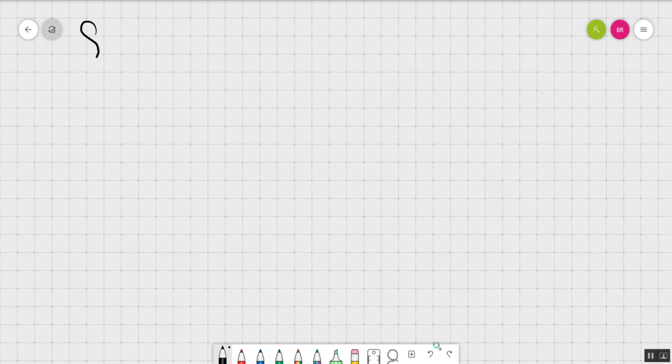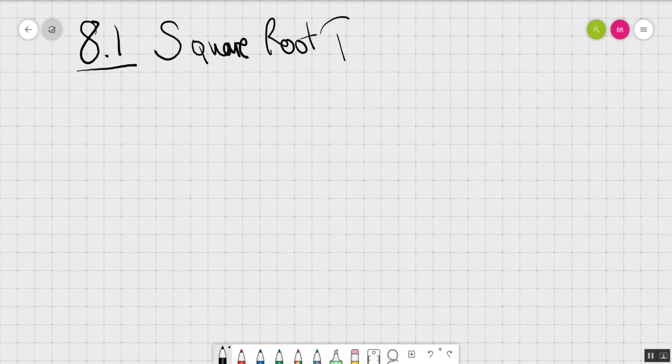Today we're going to be talking about chapter 7.1, or section 7.1. We're going to look at the square root property and completing the square.